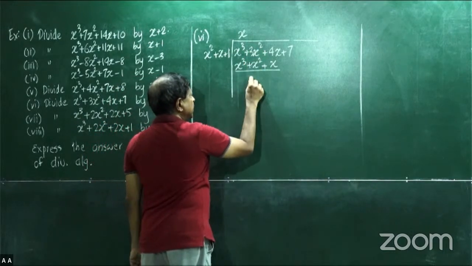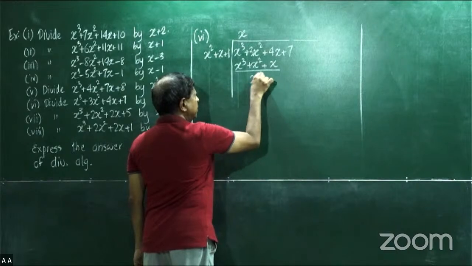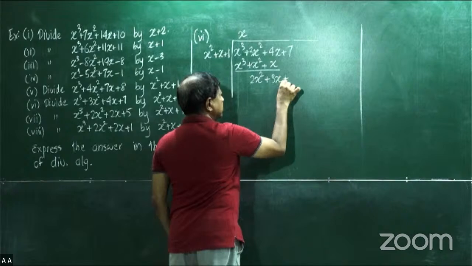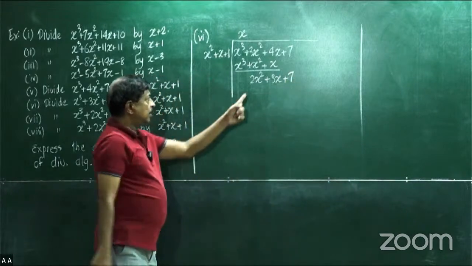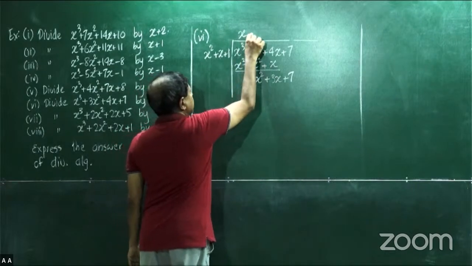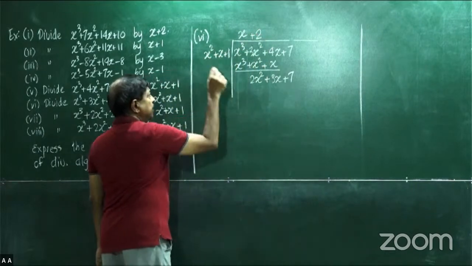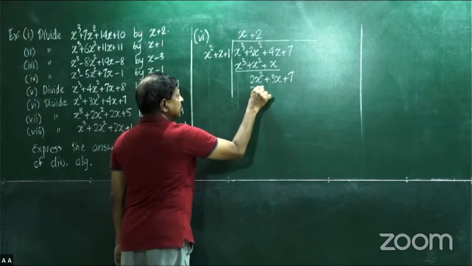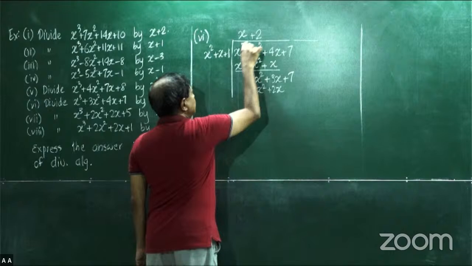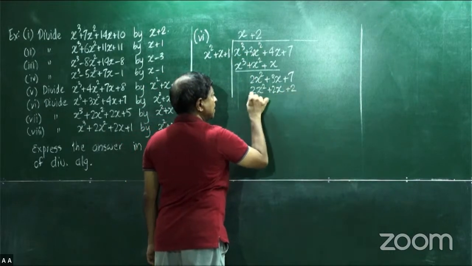3x squared minus x squared, you get 2x squared. 4x minus 6, 3x plus 7. Now divide this by x squared. So divide these two, you get 2. Multiply 2 times this, 2x squared, 2 times x, 2x. 2 times 1, 2.